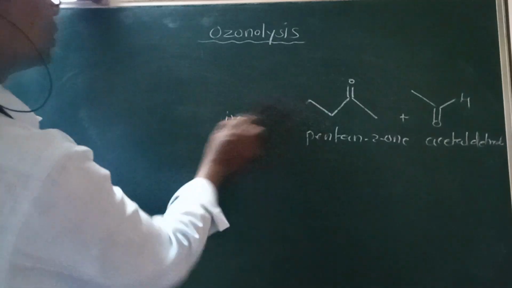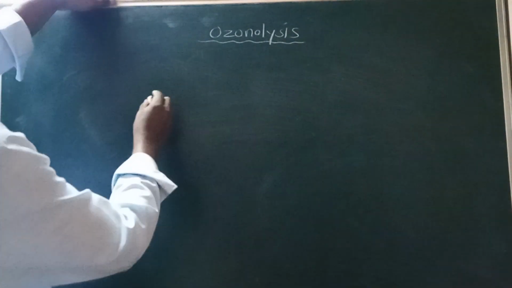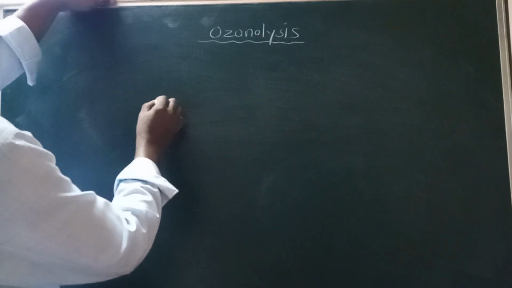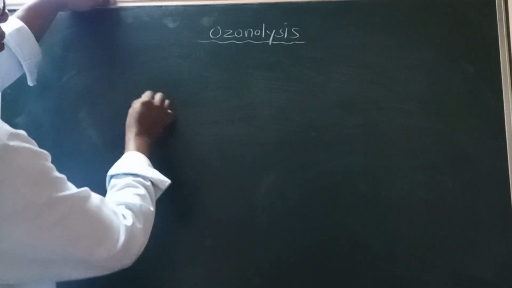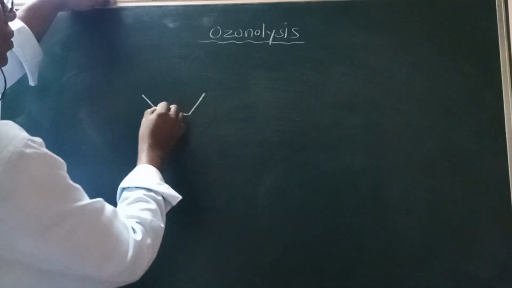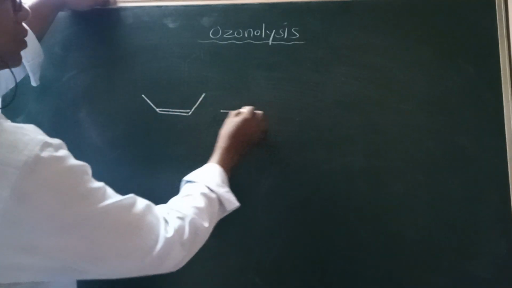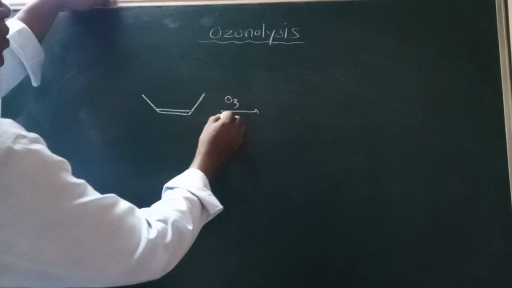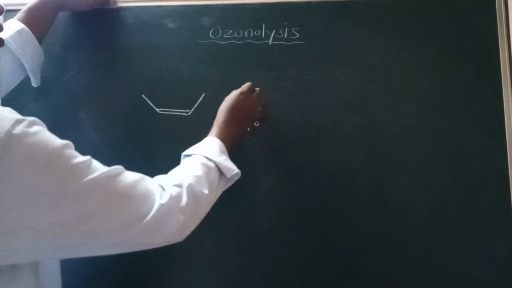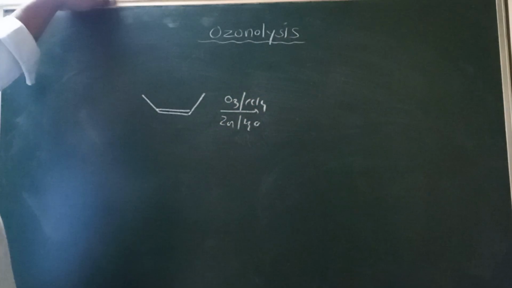Now suppose I have this alkene on ozonolysis, same conditions, Zn, H2O, CCl4 will be there. What will happen?